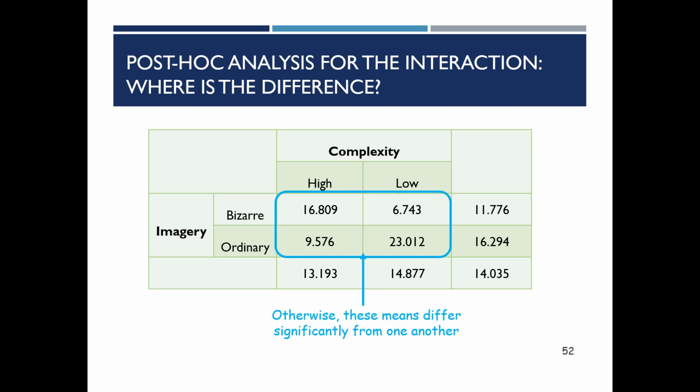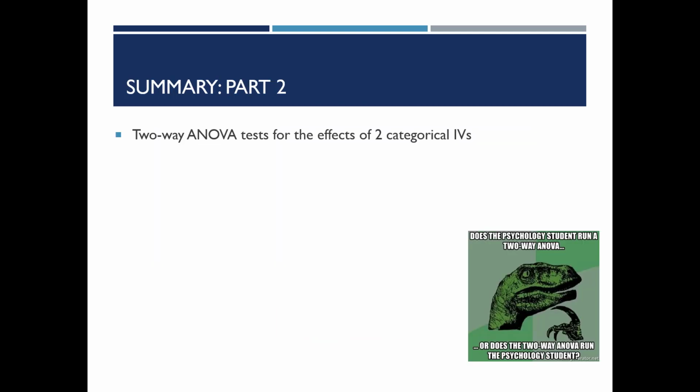So I'm just summarizing what we just said. And so to sum up, as you know now, two-way ANOVA tests for the effects of two categorical IVs. And we're looking at two main effects along with one interaction effect for those two categorical IVs or factors.